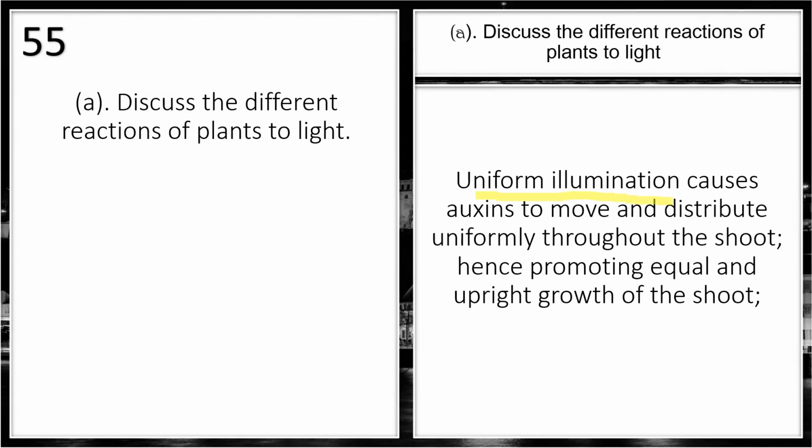Uniform illumination causes auxins to move and distribute uniformly throughout the shoot, hence promoting equal and upright growth of the shoot.